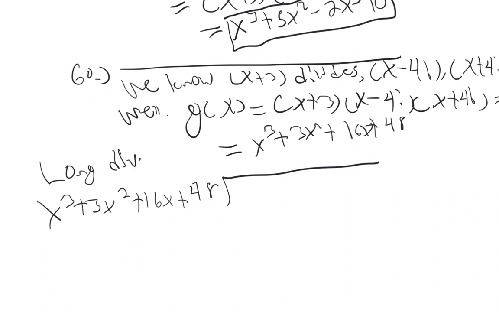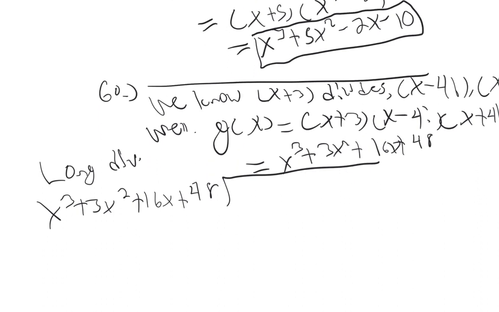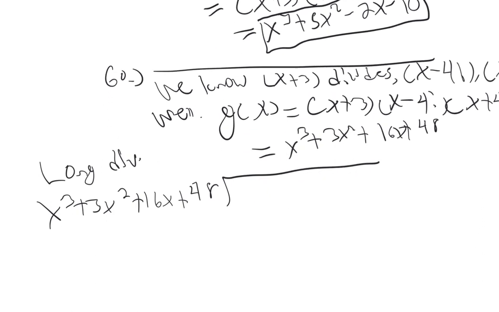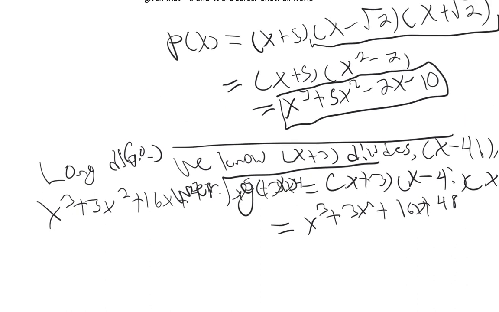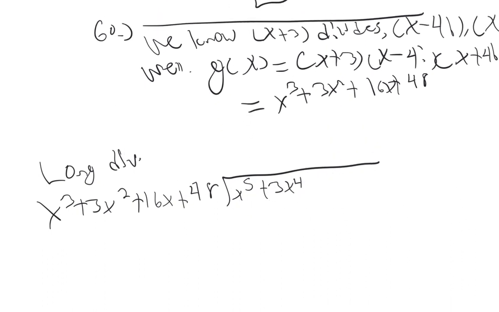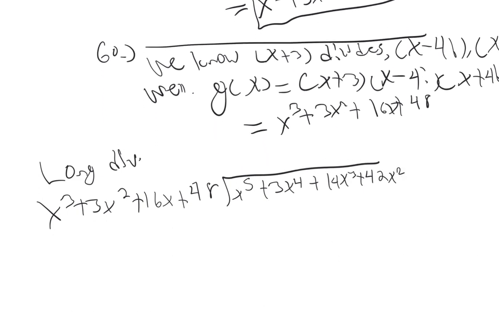Okay, so it's x to the 5th plus 3x to the 4th plus 14x cubed plus 42x squared minus 32x minus 96.